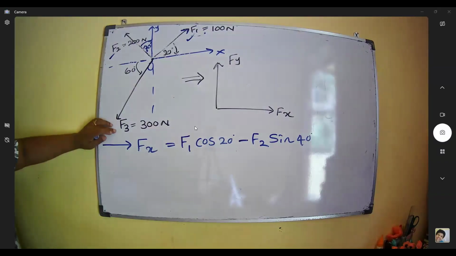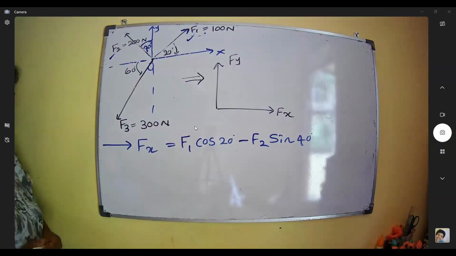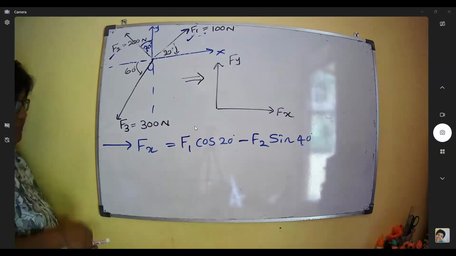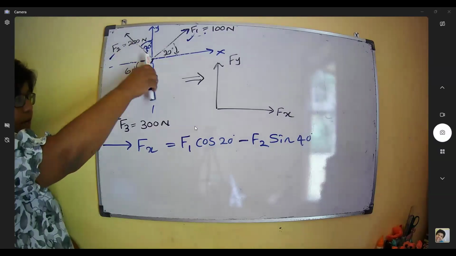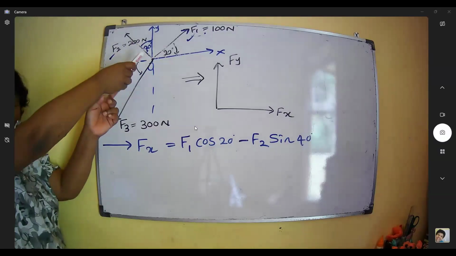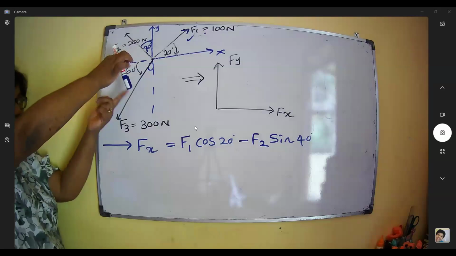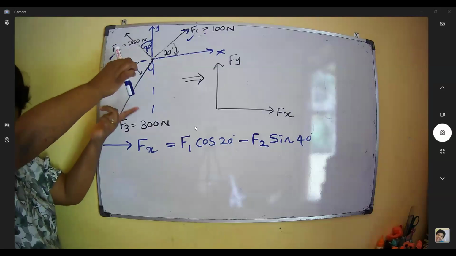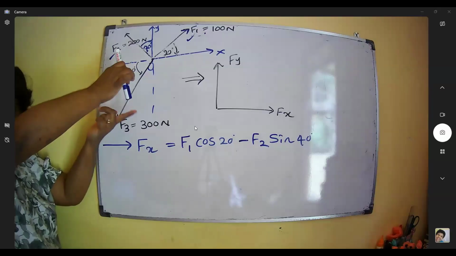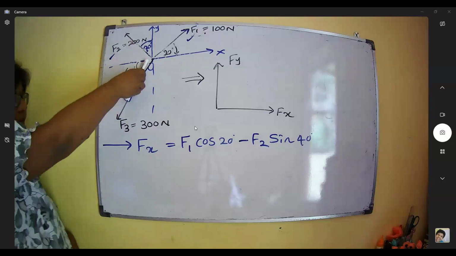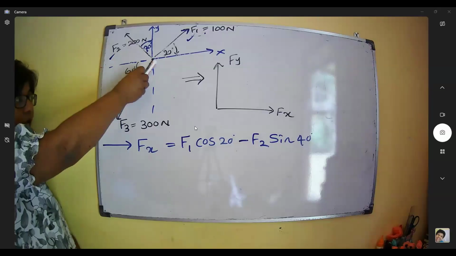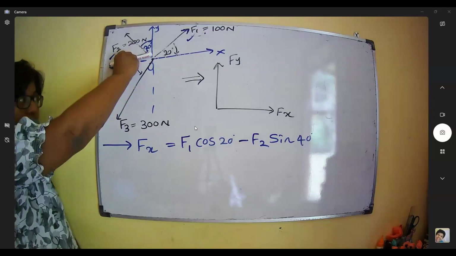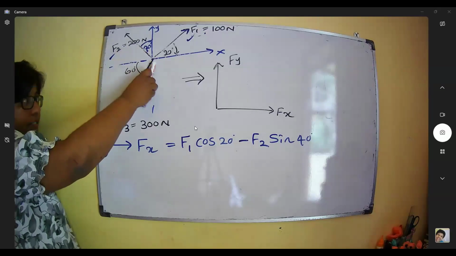Now the remaining one is F3. We can convert F3 into x and y directions. The top of the pen represents the direction of the vector, and F3 is 300 Newton. I can convert this along the x-axis and also along the y-axis.